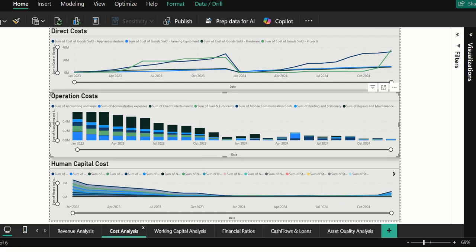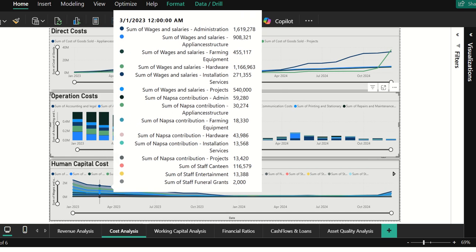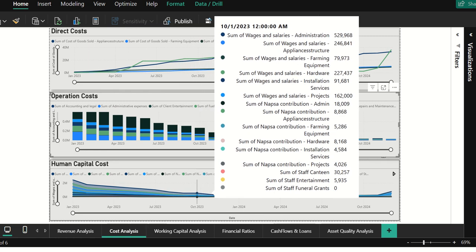And here we also have human capital costs. We have the salaries and wages of administration and all the different departments, and also the NAPSA, and also the staff canteen and entertainment. So you come to understand that this is what has been spent this whole time.